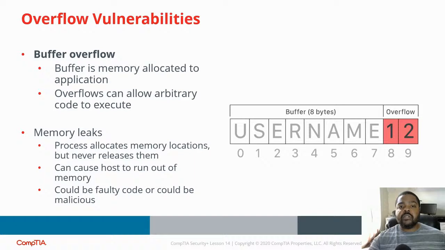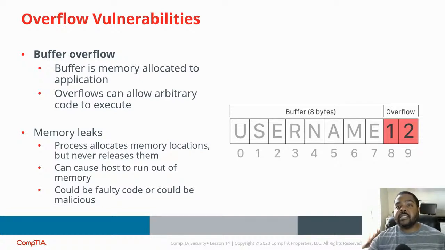To give the example that you see here on the screen, you have a set number, but let's say the hacker says, hey, I'm going to put some extra characters in there to see if it sends an error code to the database, and therefore spills out the information that I would like to see in a memory bank somewhere. So this is how you get a memory leak, where it leaks out information because the server doesn't know how to deal with the extra characters that are put in.